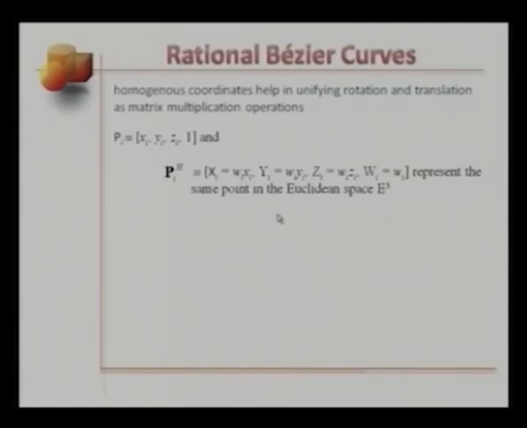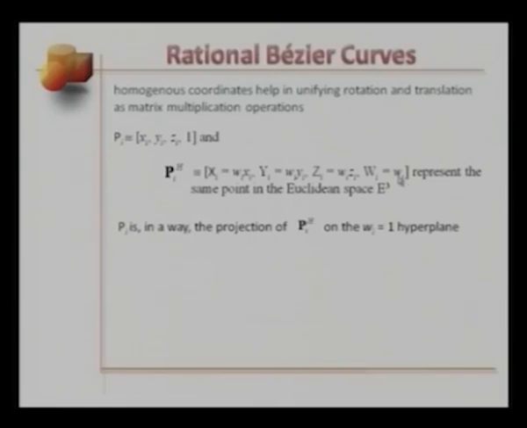We have also seen this before, that Pi super h and this Pi here represent the same point. There is an equivalence between this representation and this representation. If you think about this in a slightly different way, Pi is the projection of Pi super h on the w equals 1 hyperplane.